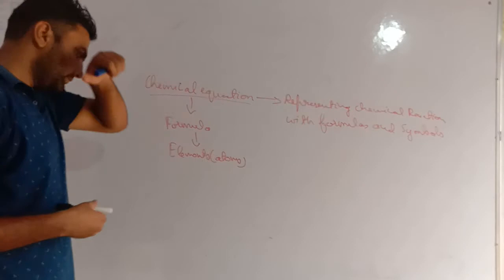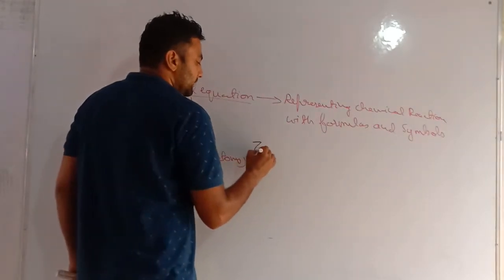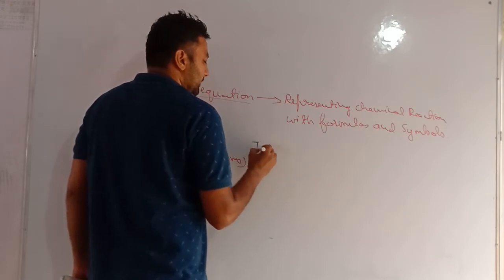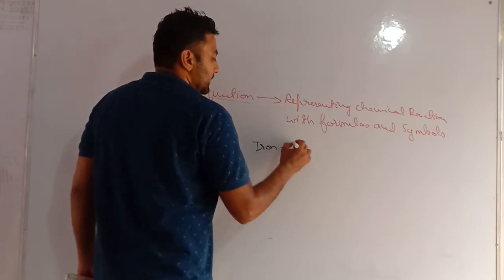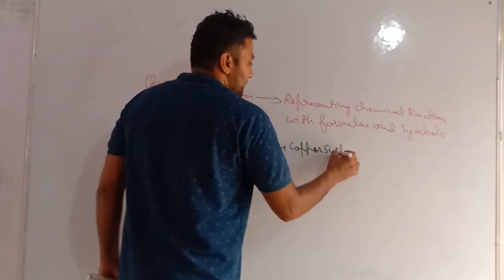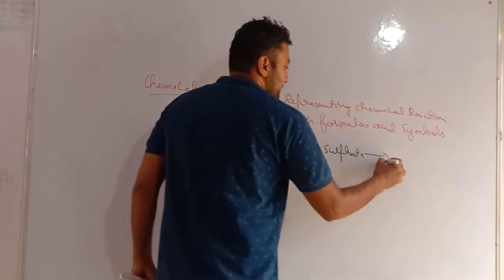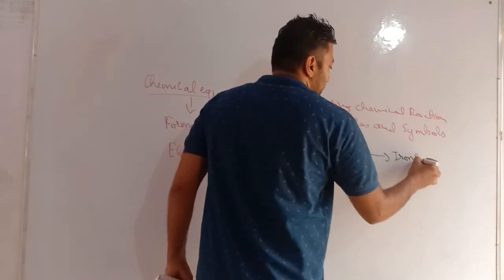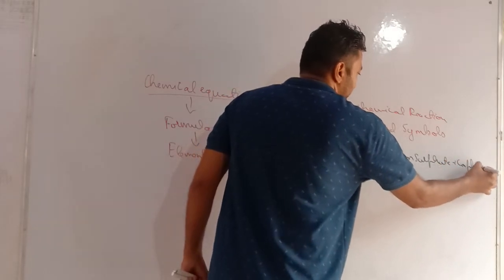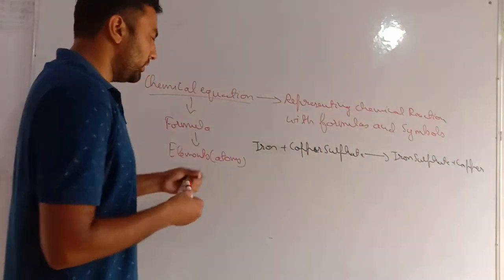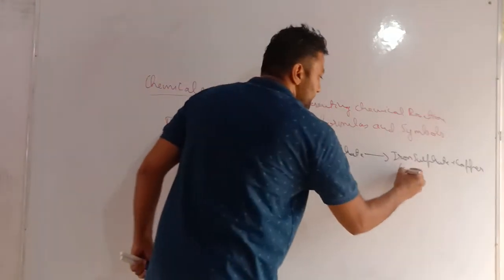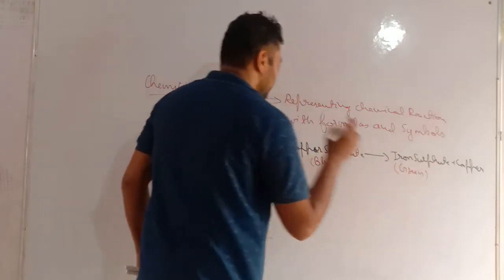For example, we took the example of iron plus copper sulfate gives us iron sulfate plus copper. See my dear friends, in this we saw that the copper sulfate was blue in color, and its color changed into green after the reaction.